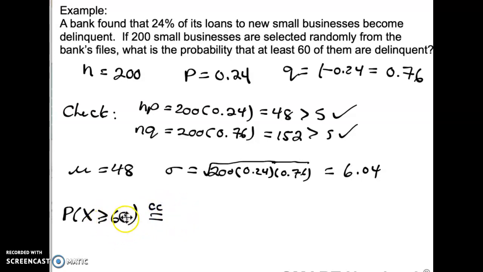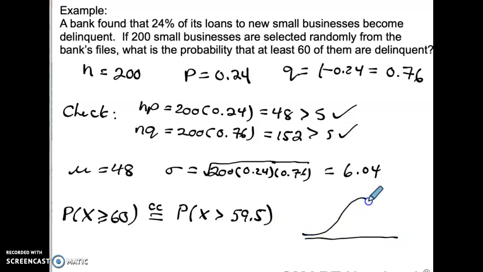Okay, so if it has to be greater than or equal to 60, we need to think about all the values that round to 60 and above. So that's going to be anything greater than 59.5. And then we'll do our little sketch. And once again, it's up to you whether you call the x 60 or 59.5.